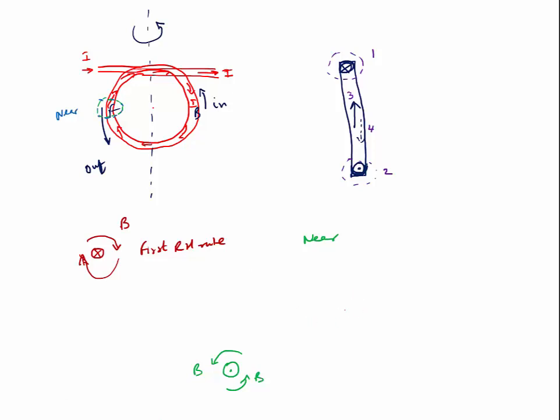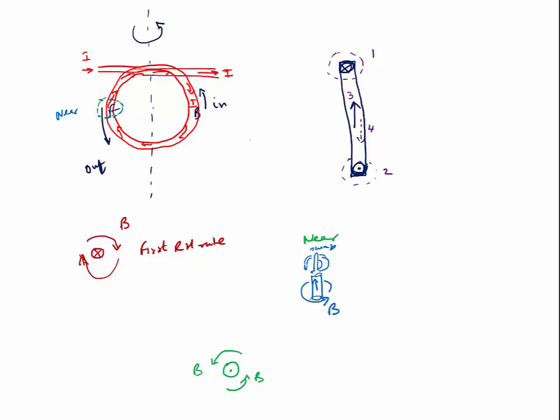And this near segment is a straight wire that looks like this, and the current is going up through it. And so now I can use my right hand rule, and the thumb will be pointing like this. The fingers will be curling this way. So I'm just showing one finger. This is my thumb, and the fingers are curling that way. So the magnetic field would be going like this.